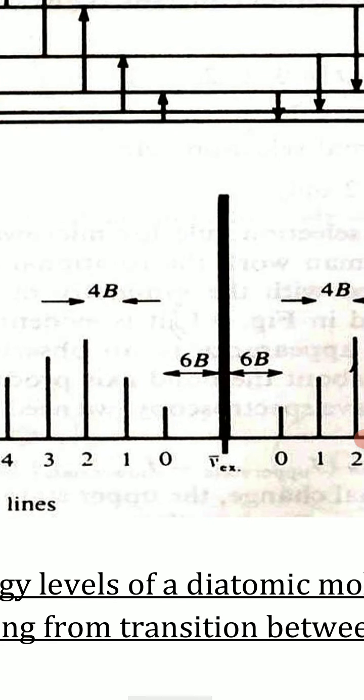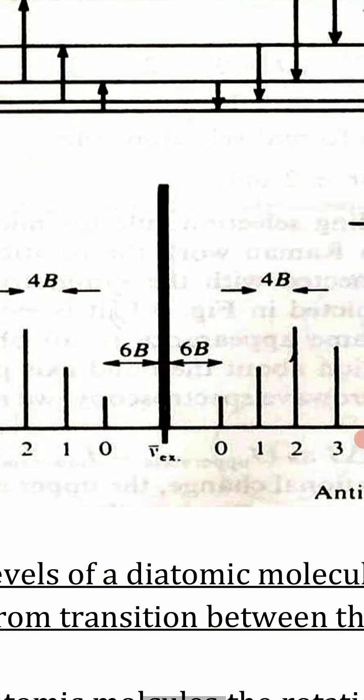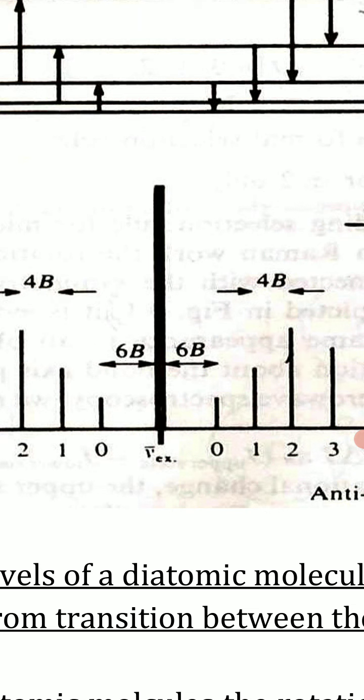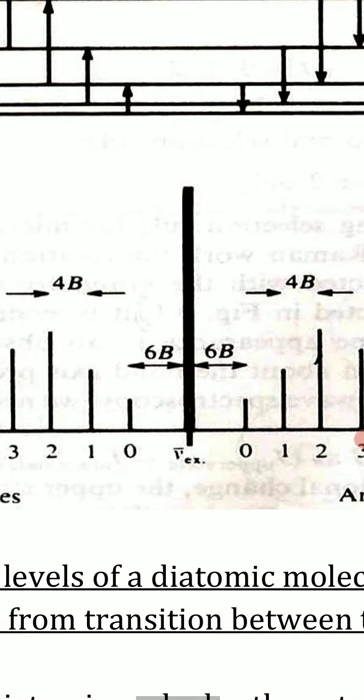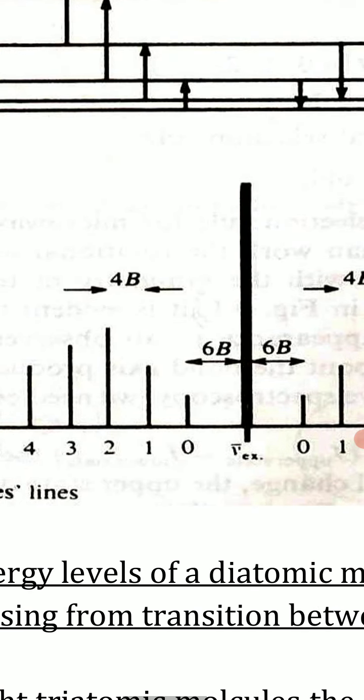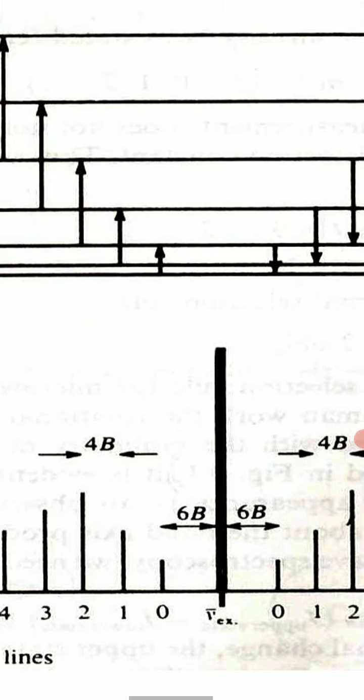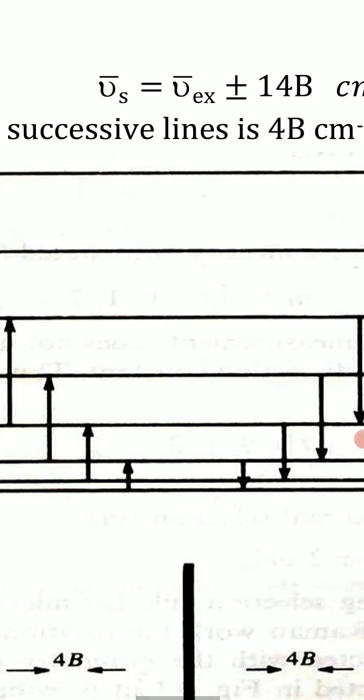And this is the spectrum. In the center we have wave number of incident radiation nu Ex bar. On its left side we have Stokes lines arising from these transitions from J equal to 0 to J equal to 2.